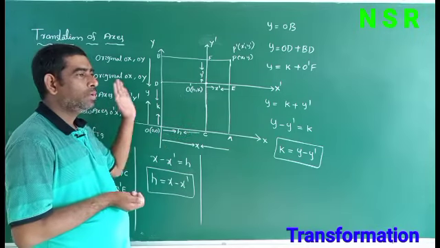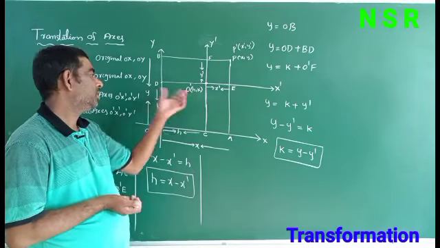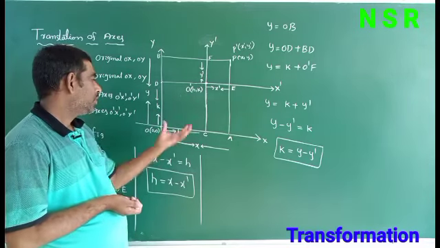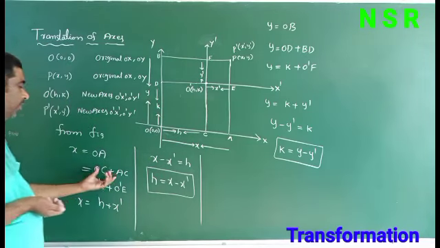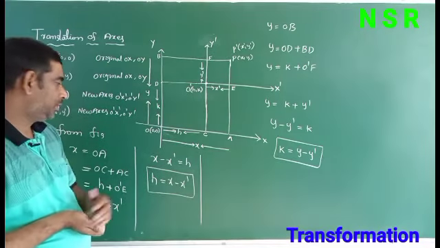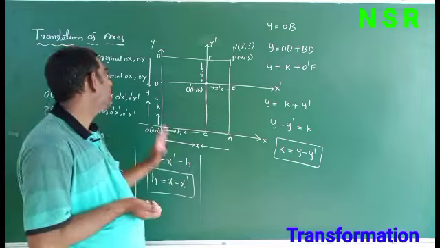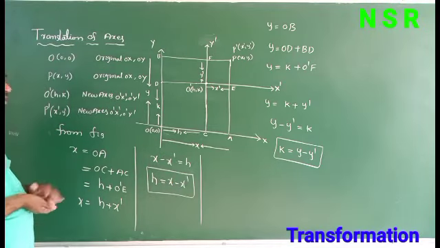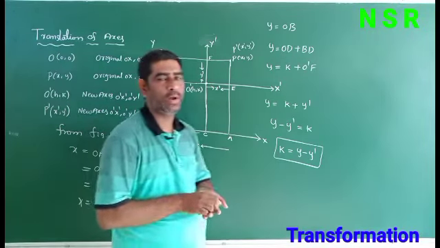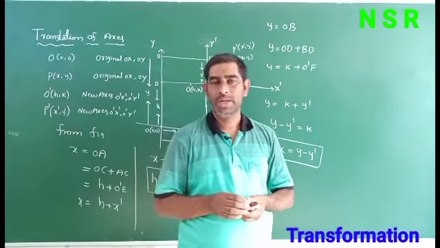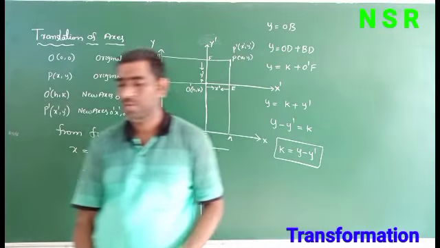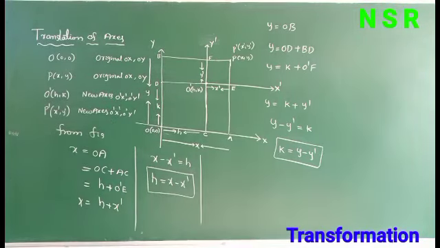So here we have the new axes and the original axes. This is the origin shifted point. By using this figure we can find the h comma k values. So these are the formulas of translation of axis: h is equal to x minus x dash and k equal to y minus y dash. Remember these two formulas.